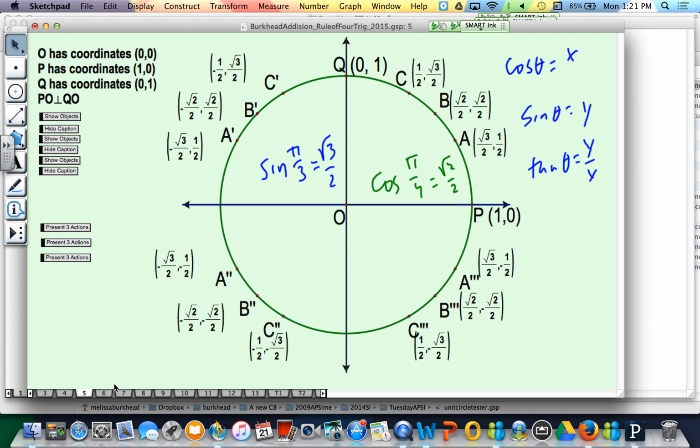Are you there? If you turn to that back page, you have your degree and radian values from 0 to 2 pi. That might be helpful. I'd like to quiz you on this tomorrow, but I'd like us to practice first. Let me give you some parameters.